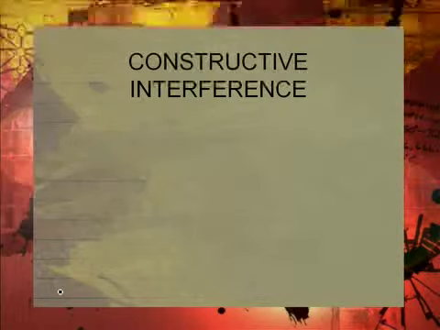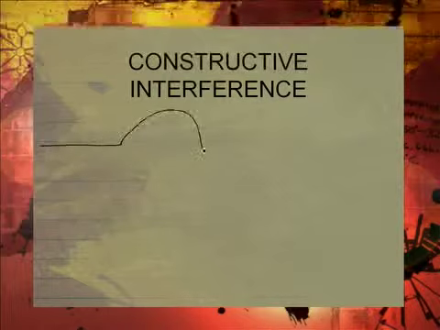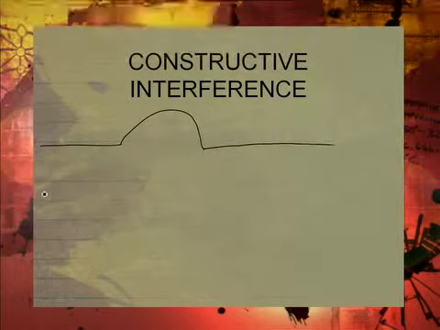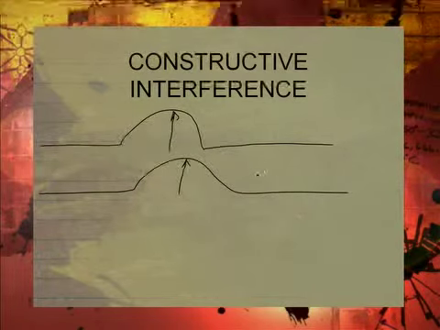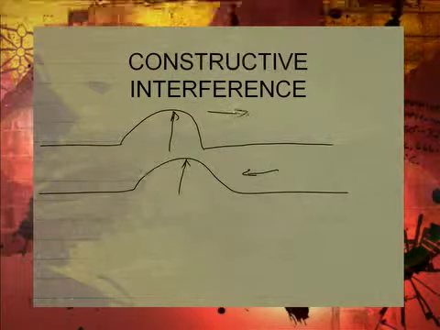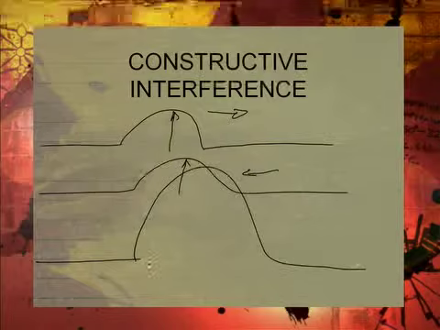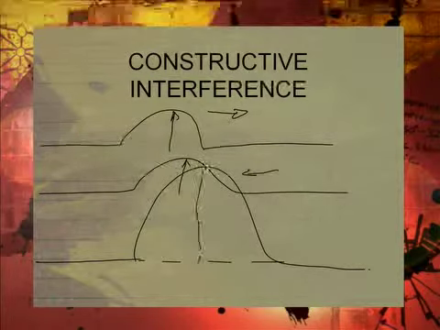Let's look at some drawing here. If you have got a crest and a crest meeting at a point, this one is going that way, that one is going that way. The result will be the addition of the two, so you've got a bigger crest.